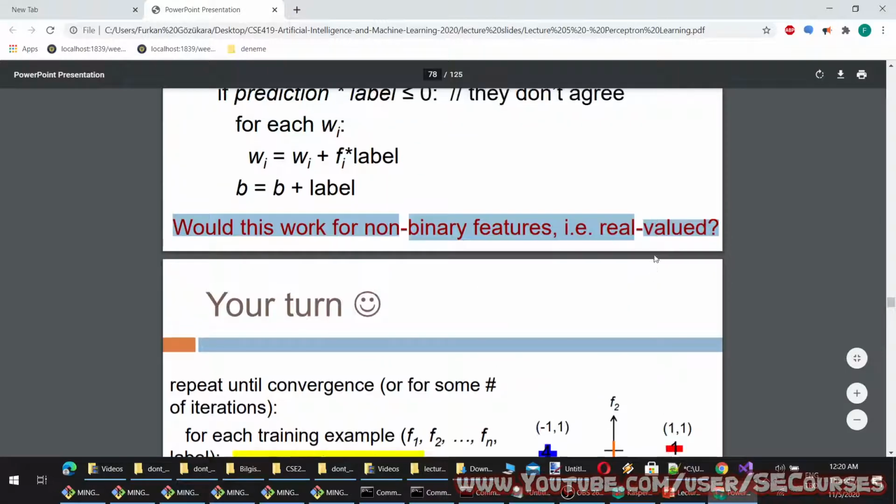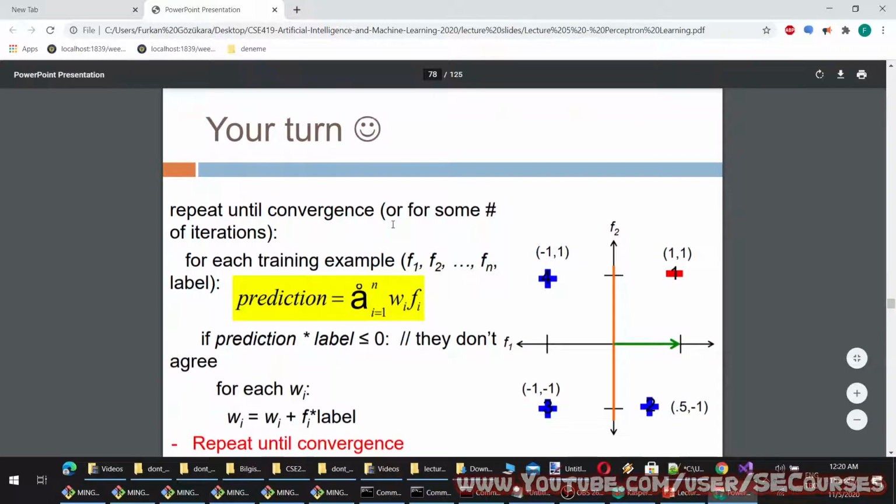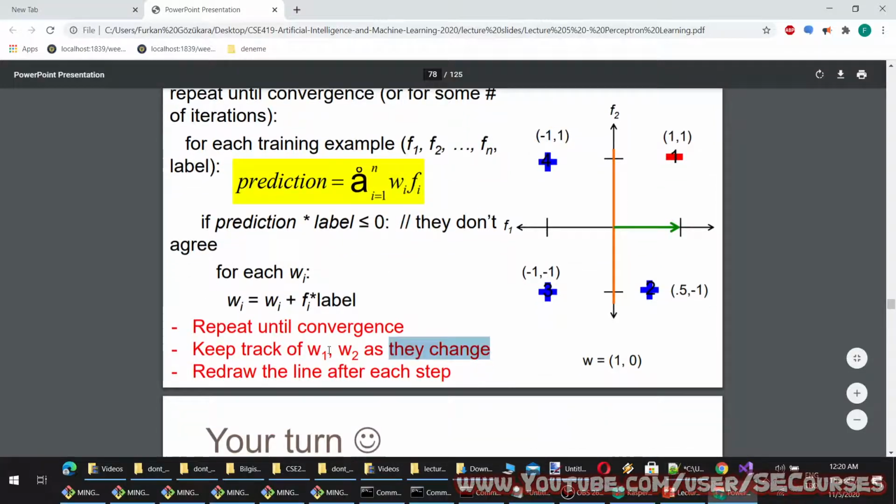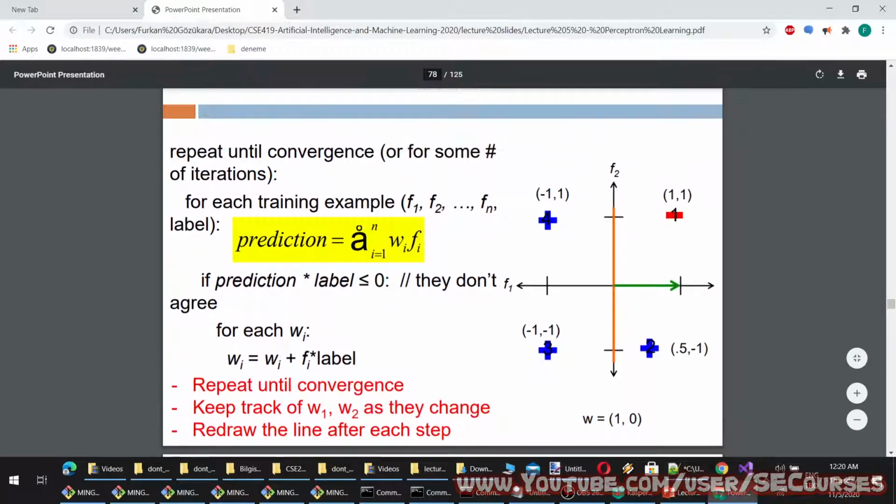Can this work for real-valued data? Yes, of course, it can work for real-valued data because we just multiply the weights and the feature values. So they can.